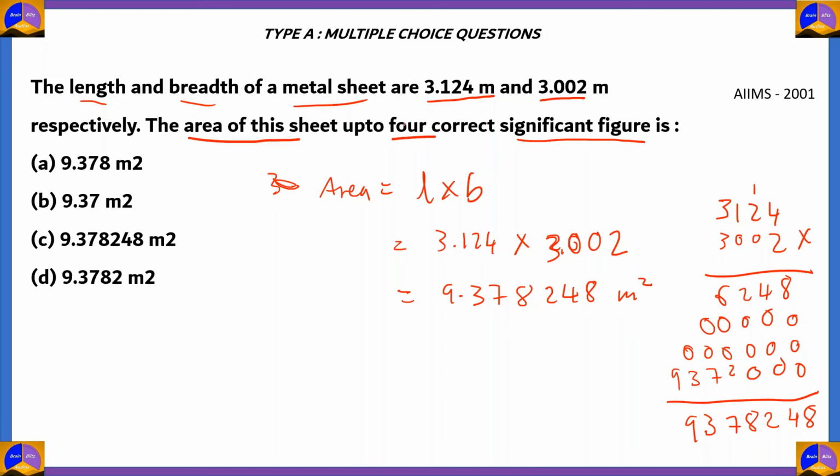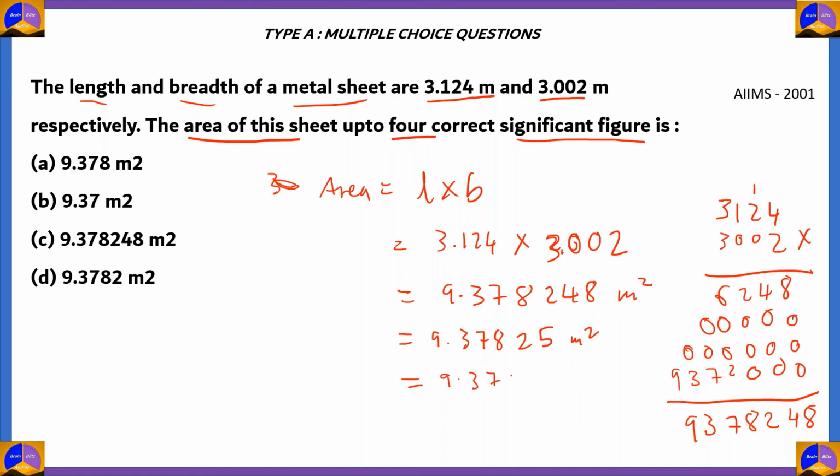But we want the answer up to 4 correct significant figures. So we only need 4 figures which are significant. So we'll have to start approximation from the other end. So the last 2 digits are 4, 8. So as you can see, 8 is greater than 5. So the 4 changes to 5 on approximation. So 9.37825 meters square. And then the digit which is previous to 5 is 2, and 2 is even, so it stays the same.